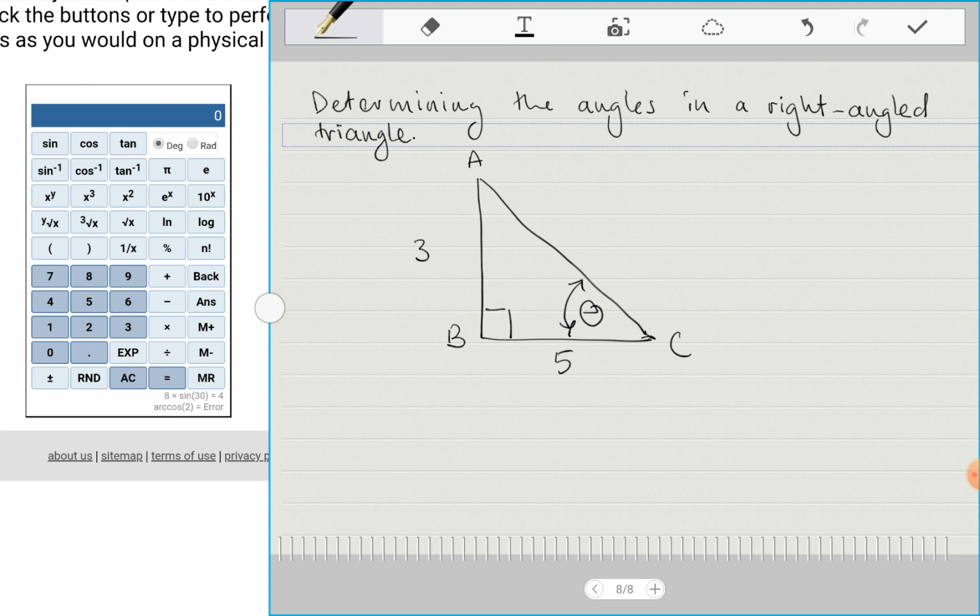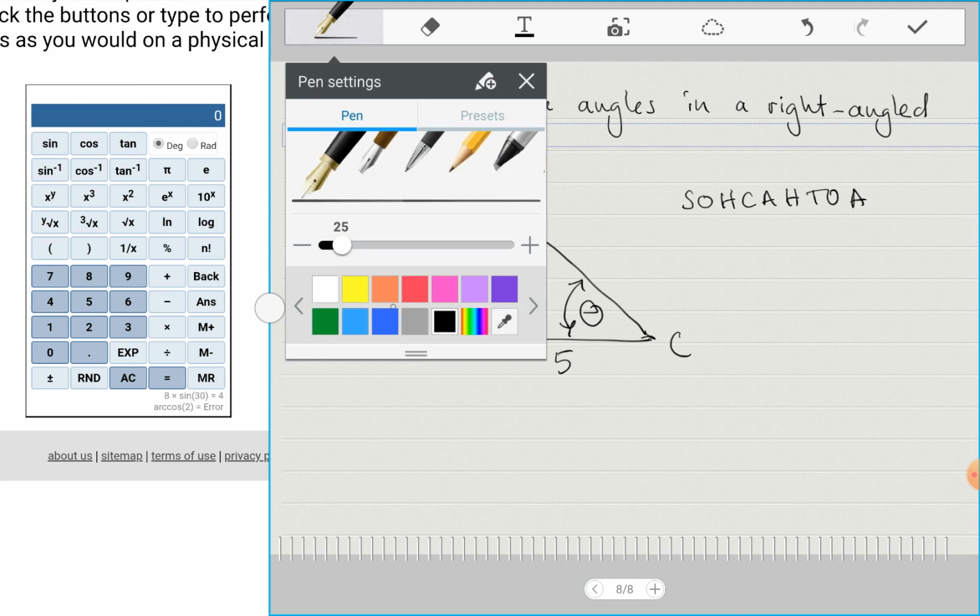So what we would need to do is understand our SOHCAHTOA. The first thing we would do is put in our SOHCAHTOA here, write this down, and then we need to label our triangle.